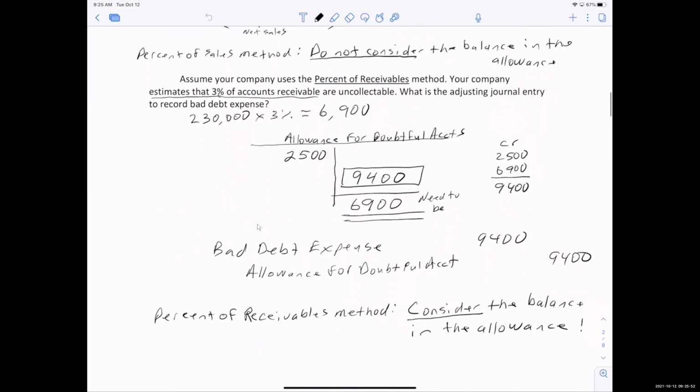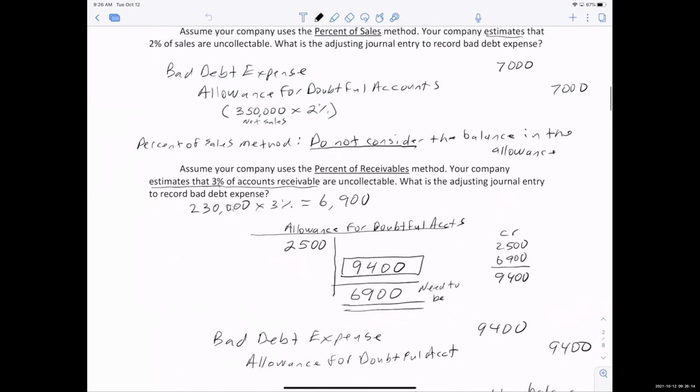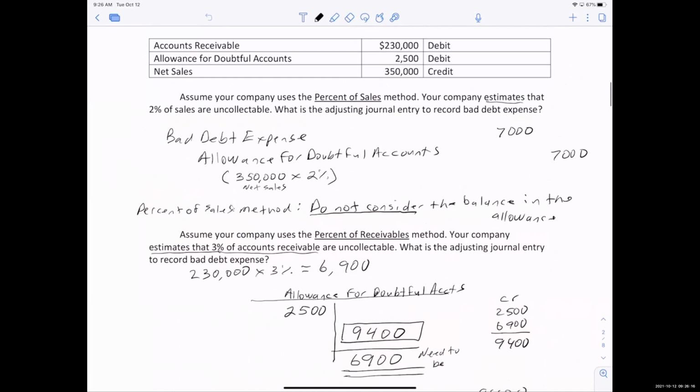Well, here it is. Assume your company uses the percent of receivables method. Your company estimates that 3% of the accounts receivable are uncollectible. What is the adjusting journal entry to record bad debt expense? Okay, well, I guess we need to show you where we get this information. It's based on accounts receivable. So we're going to use that 230,000 times 3%, right?